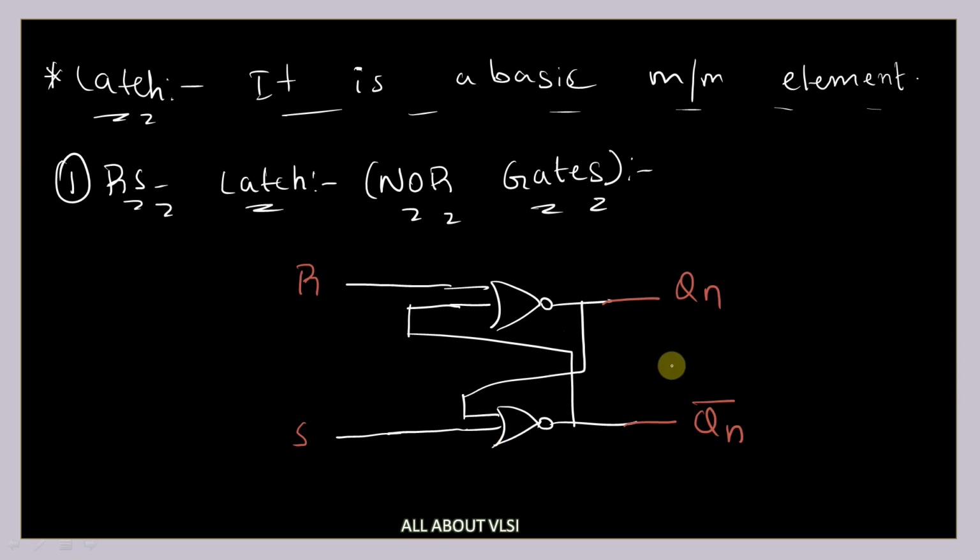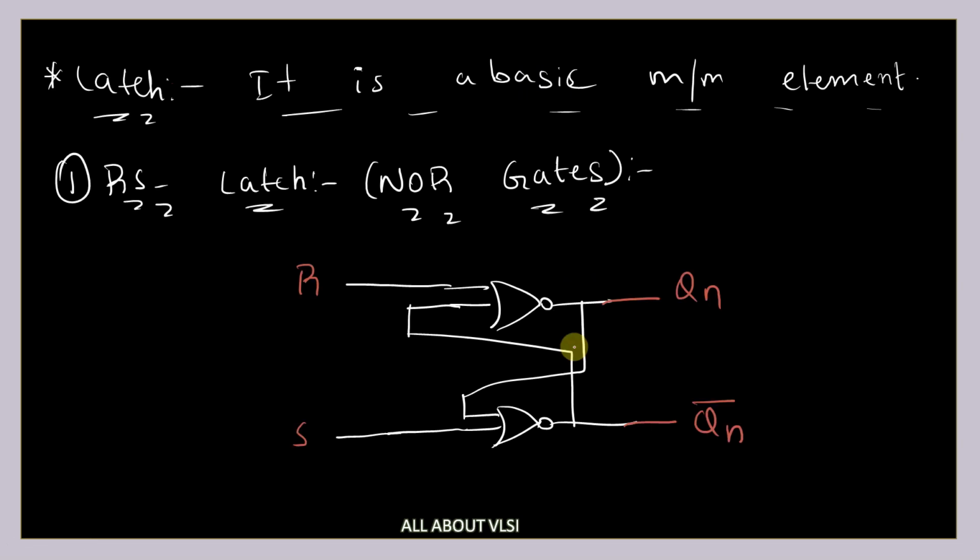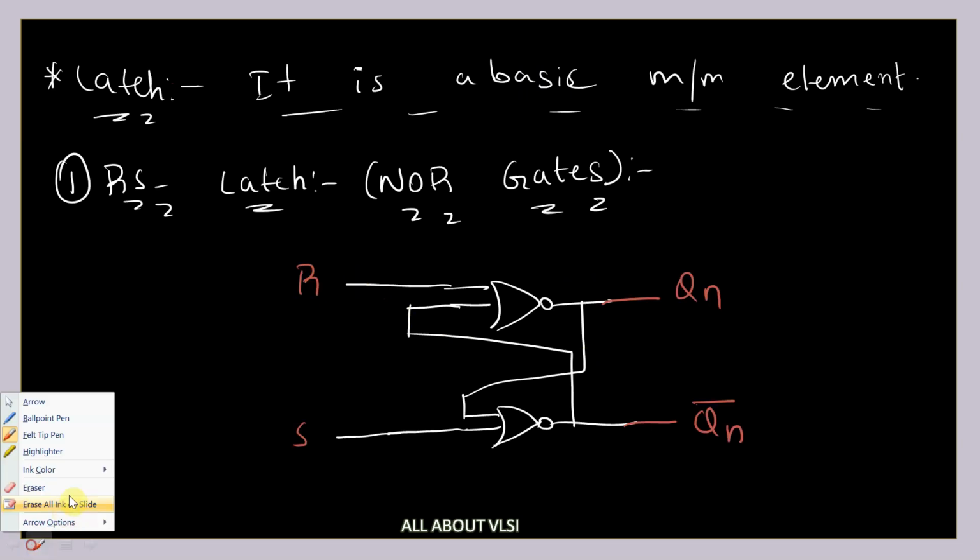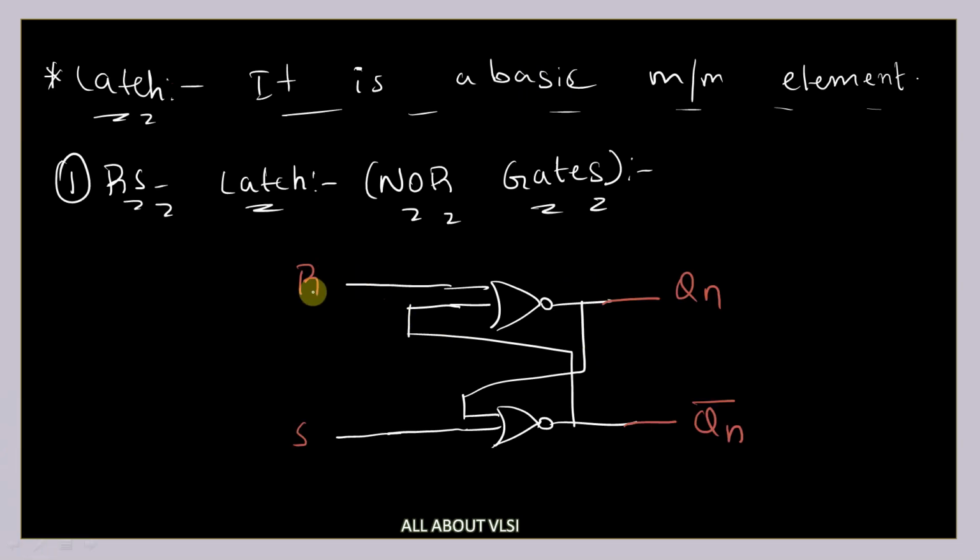Let us try to understand what happens if R is equal to 0 and S is equal to 0. Let's say the initial value of Qn is equal to 0 and Qn bar is equal to 1.